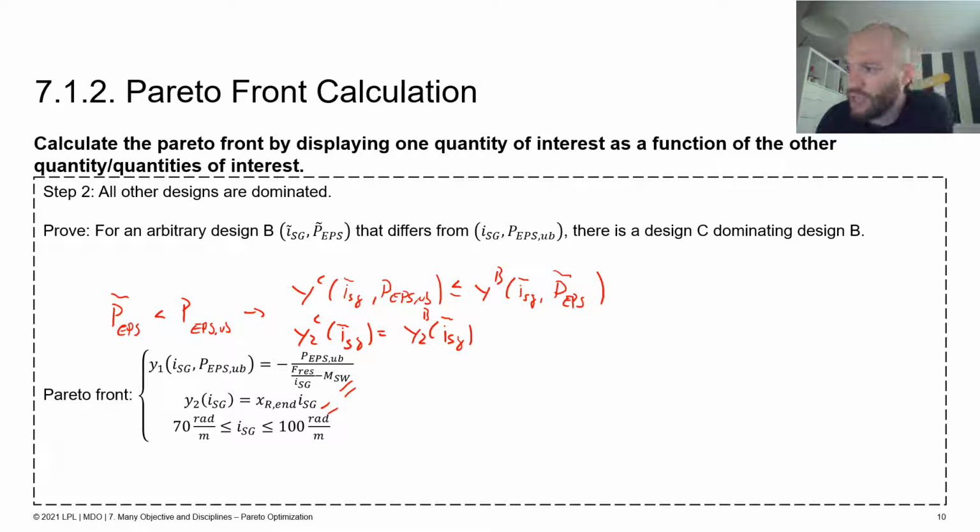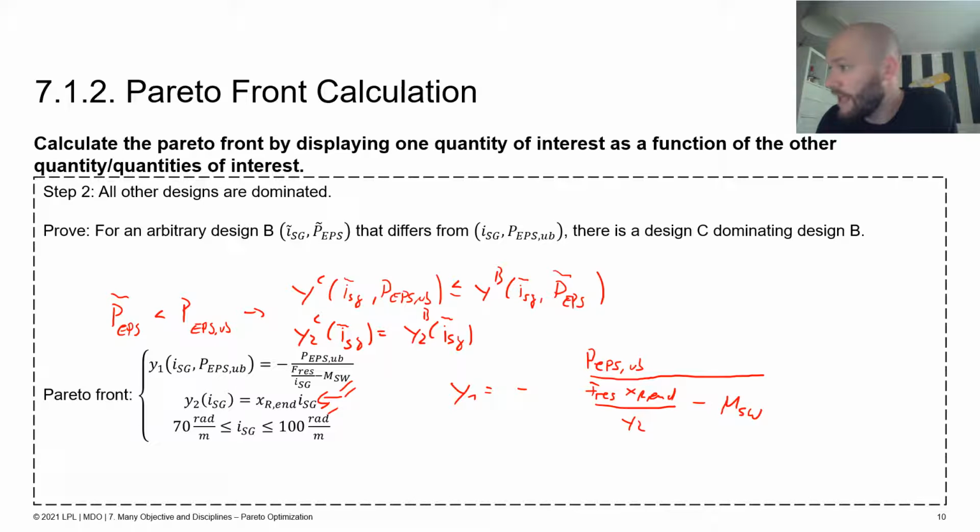So we're now inserting the equations, and then we end up with the first quantity of interest is equal to the upper bound of the actuator power divided by the resistant force multiplied with the end rod position, and also divided by y2. So we are now inserting this from this equation here, minus the torque at the steering wheel.